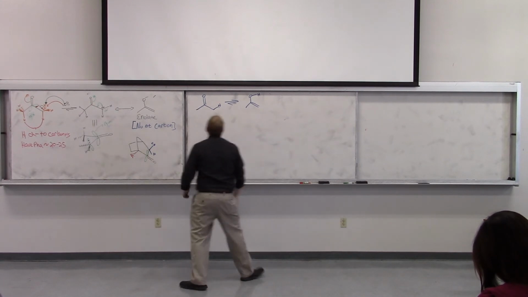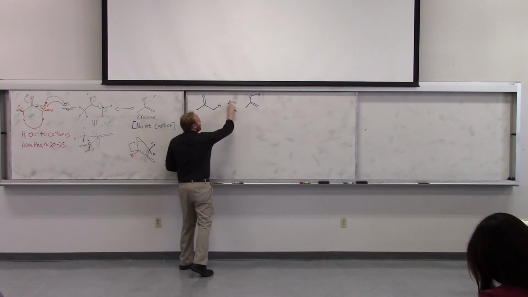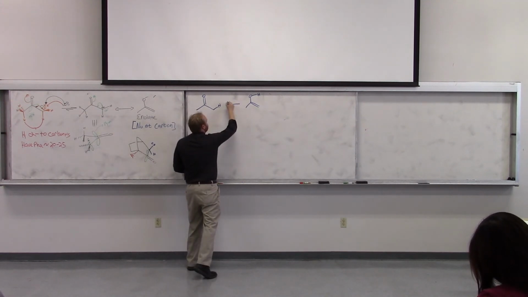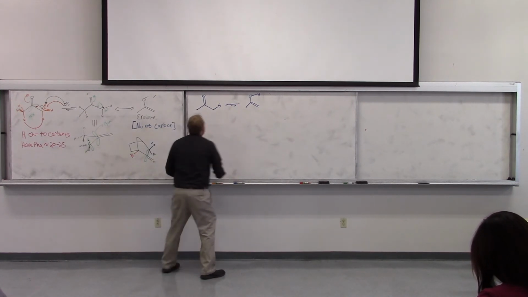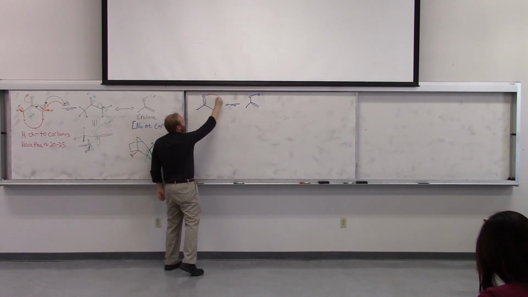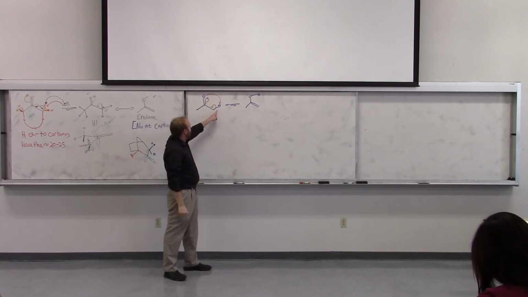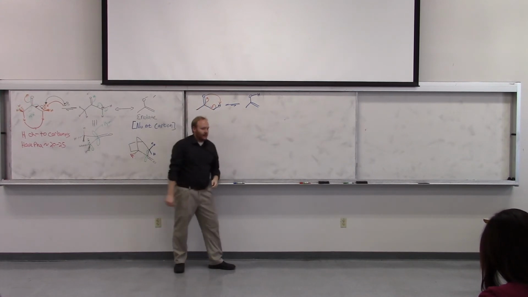To think of it very basically, this equilibrium, let me actually make the arrows more realistic, pretty much can occur by the hydrogen jumping from this carbon to the oxygen and having this electron flow to give us the enol.